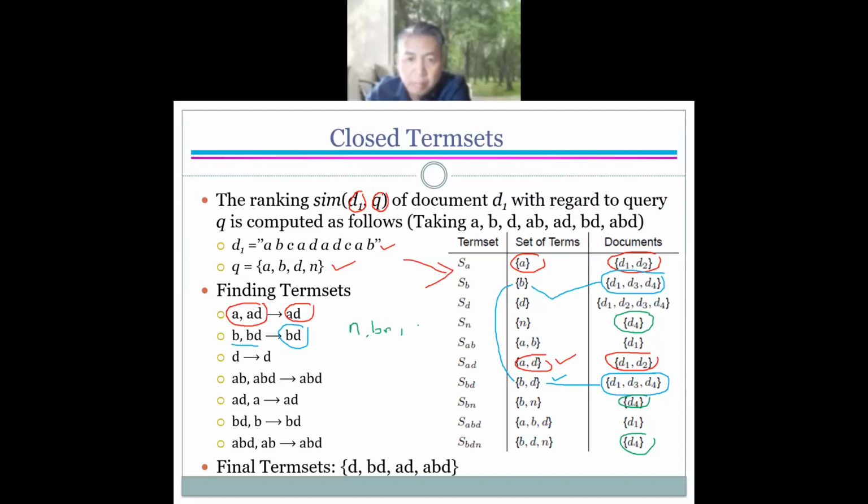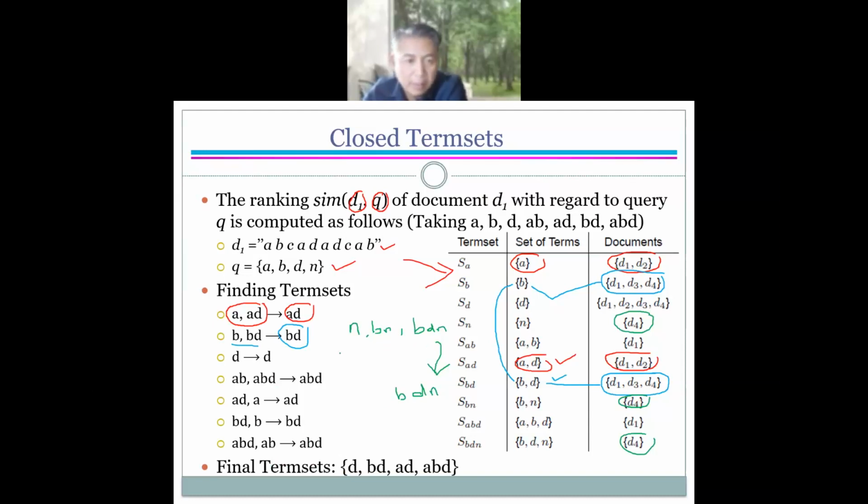We have BDN. Based on this, the largest one will be B, D, N. But we do not have it here because these are not the frequent term set.